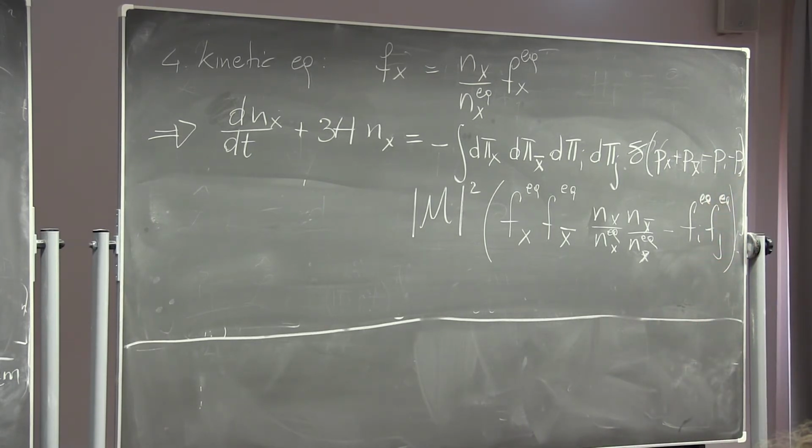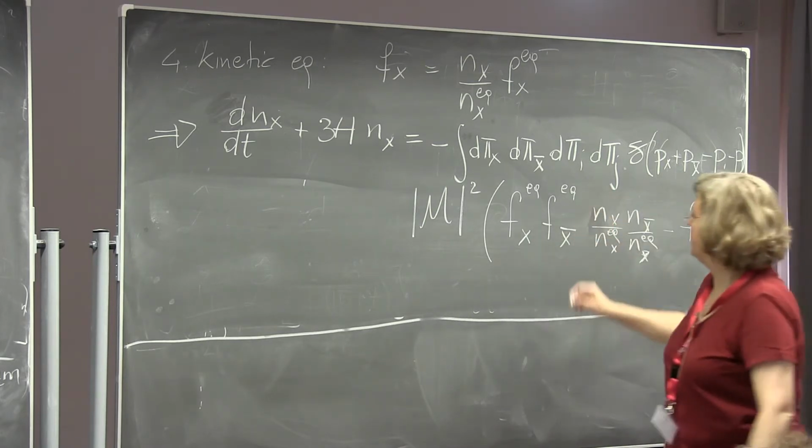Now, if you take the Boltzmann distribution for the f's, the product of f_i and f_j is actually equal to the product of f_x f_x bar, because the momenta are the same. So the sum of the two p_i p_j is equal to the sum of p_x p_x bar. So if you want energy conservation, the energy of the final state is equal to the energy of the initial state.